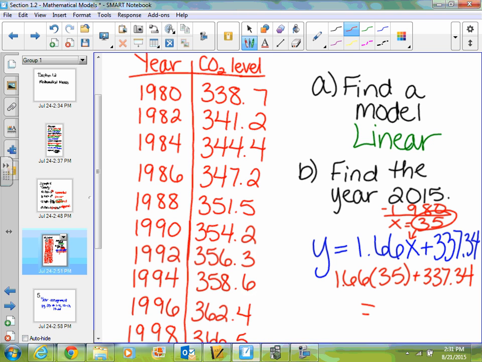If you plug that into your calculator exactly like what it looks like on the board, it should give you the CO2 levels in year 2015. And so what do we get for that? 395.44. So those would be our approximate CO2 levels in the year 2015.